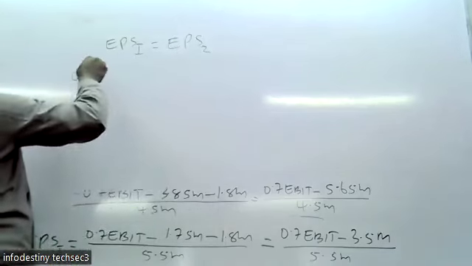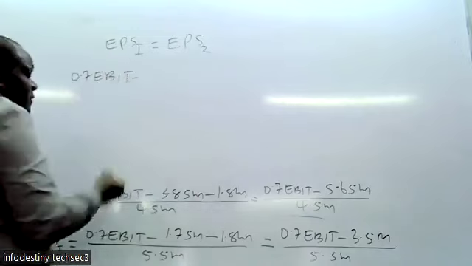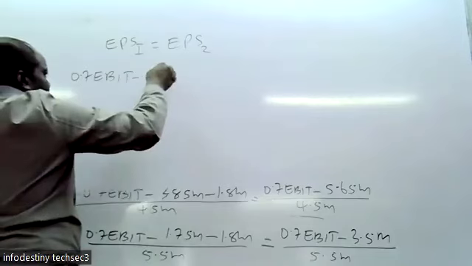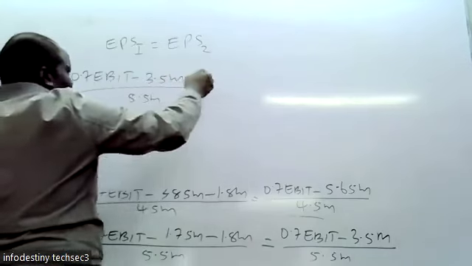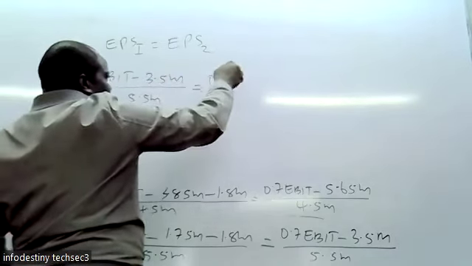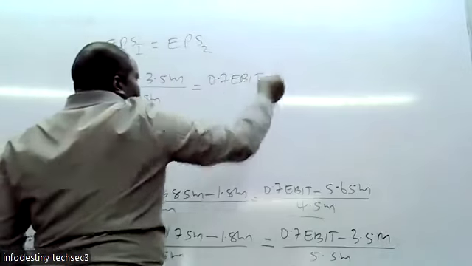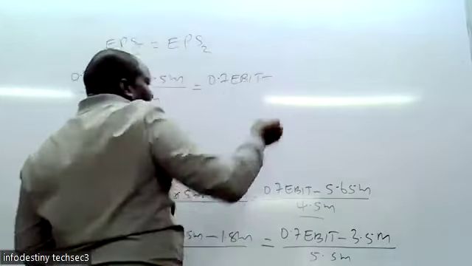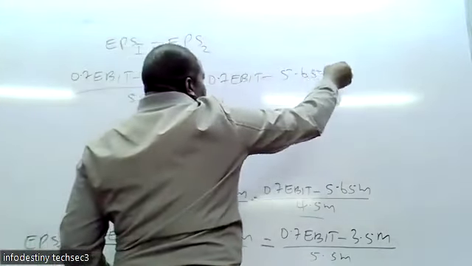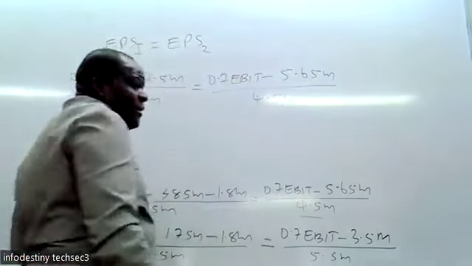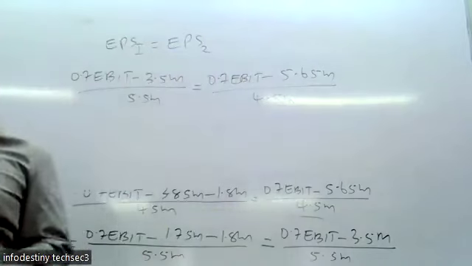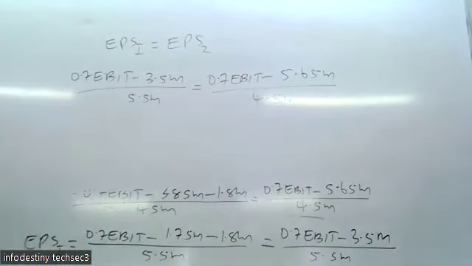So it will be 0.7 earnings before interest and tax minus 3.5 million divided by 5.5, equal to option 2, which is 0.7 earnings before interest and tax minus 5.65 also divided by 4.5. So cross multiply and make earning per share to be the subject.